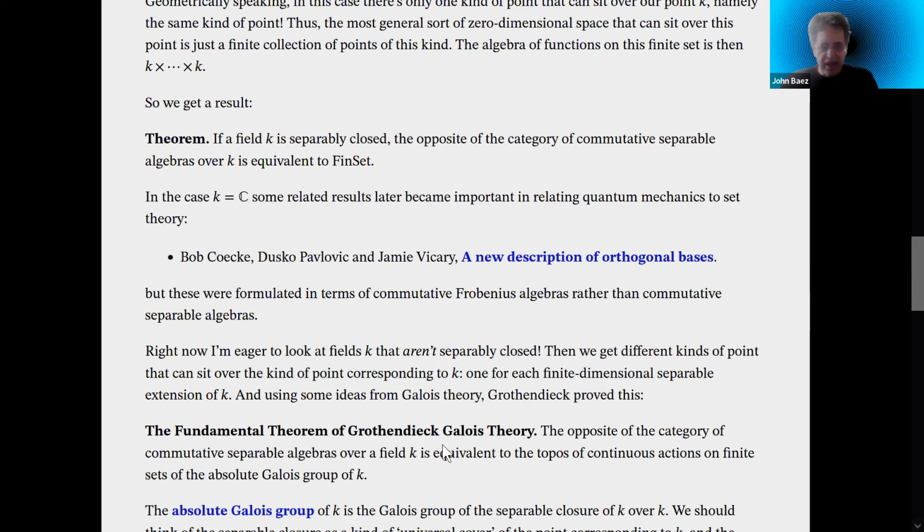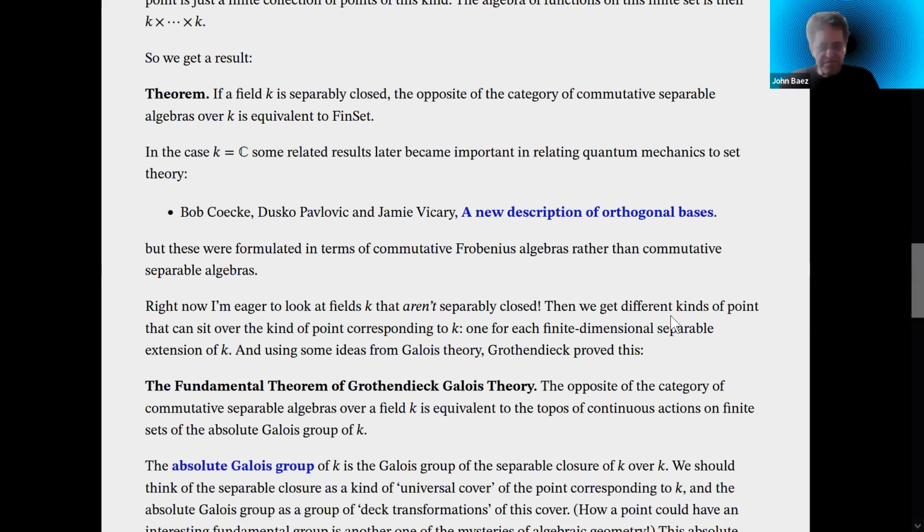And so I guess Grothendieck proved this famous thing. You can do the same thing we did before: take the category of commutative separable algebras over our field, take its opposite, and see what we get. Now it's going to be fancier than the category of finite sets.